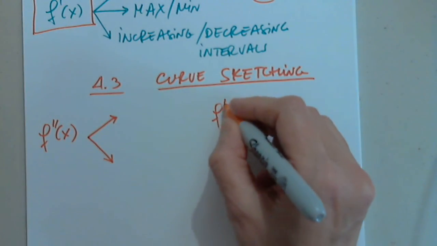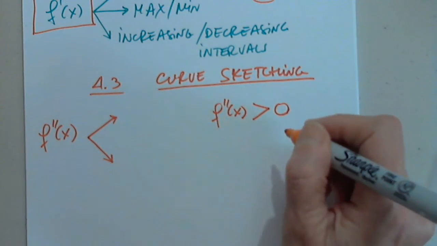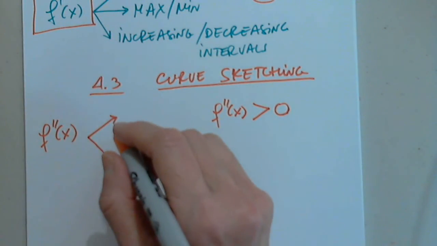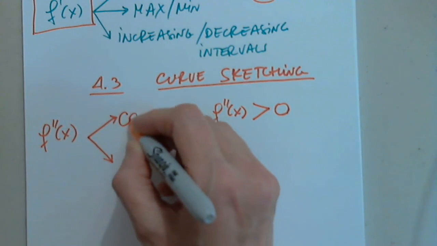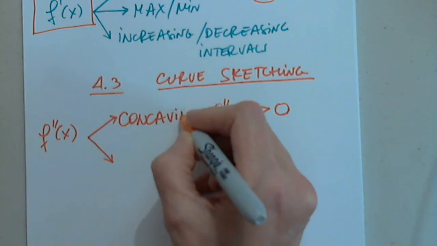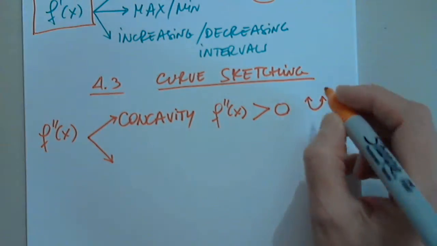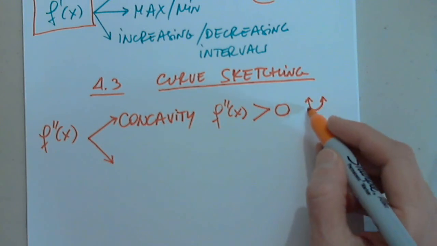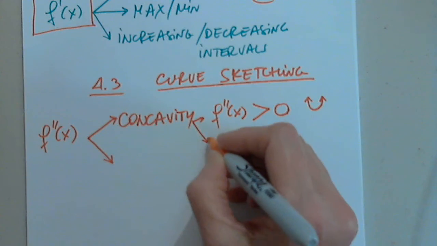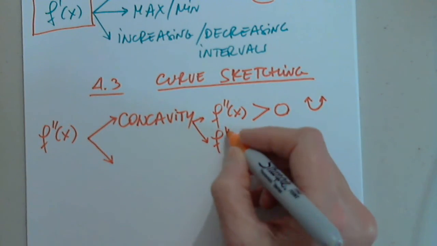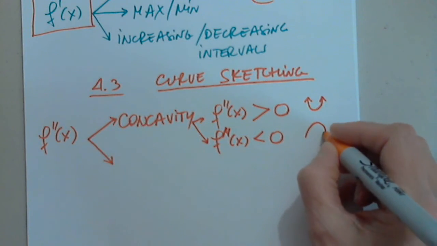When the second derivative is positive, has positive values, the function has something called concavity, the function opens up. We say it holds water. This is one option. The second option is when the second derivative is negative, the function does not hold water.